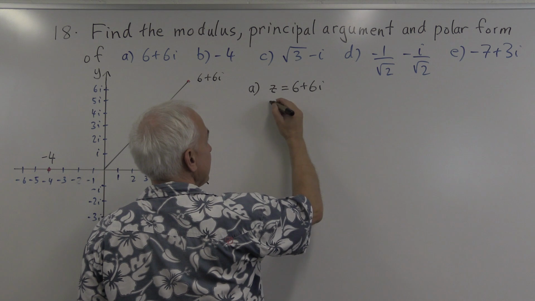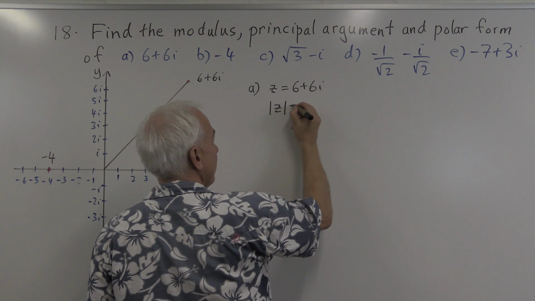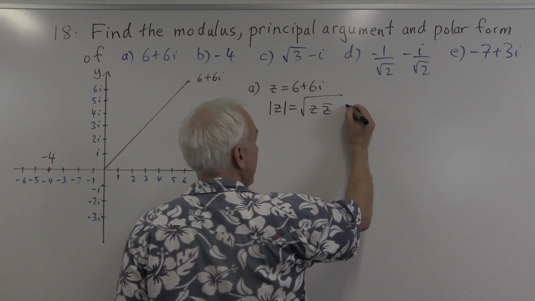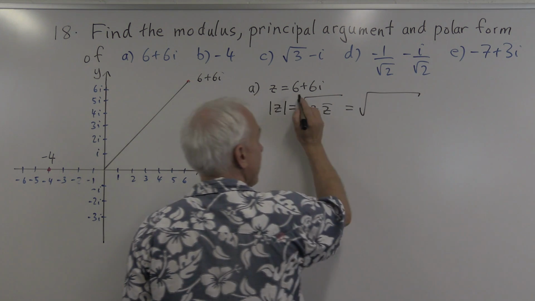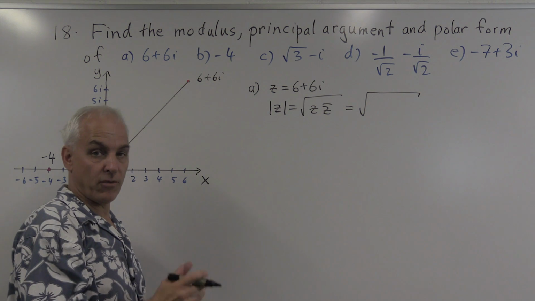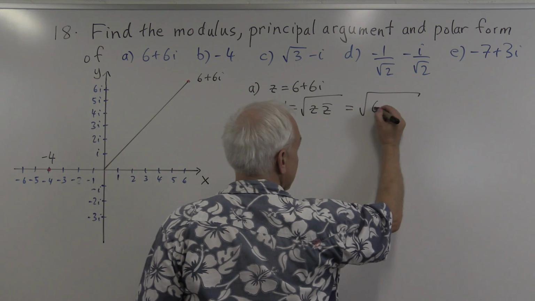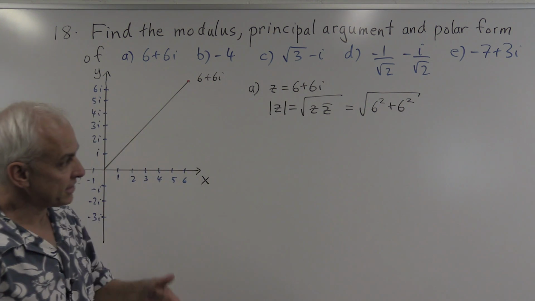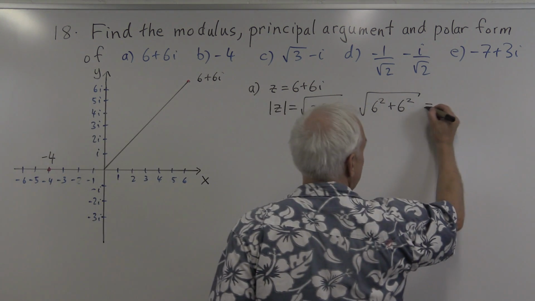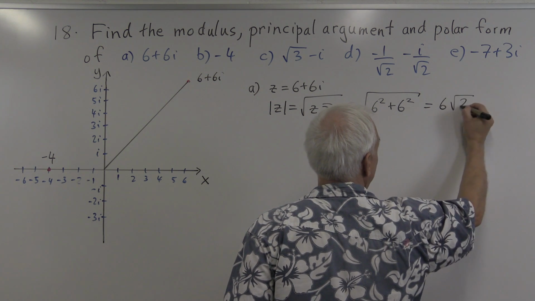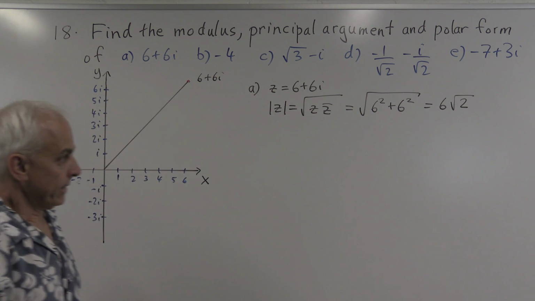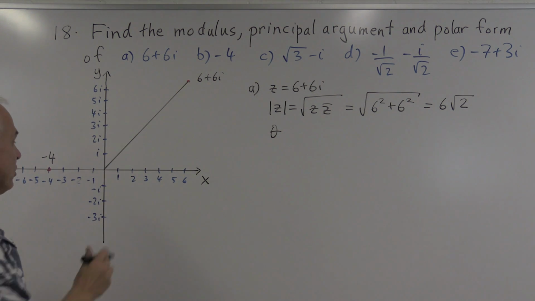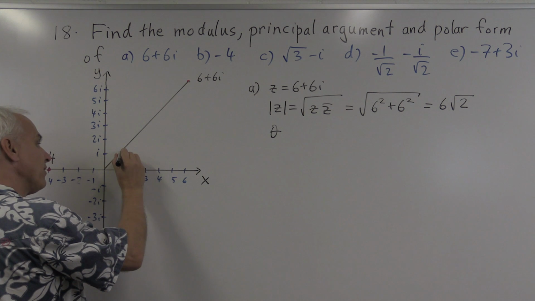So the modulus, mod z, is the square root of z times z bar. Or in other words, the square root of the sum of the squares of the real and imaginary parts. 6 squared plus 6 squared. So the 6 squared can come out, and we're going to just have 6 times root 2. The angle, or the argument, is, well, in this case, not too hard to see what it is.